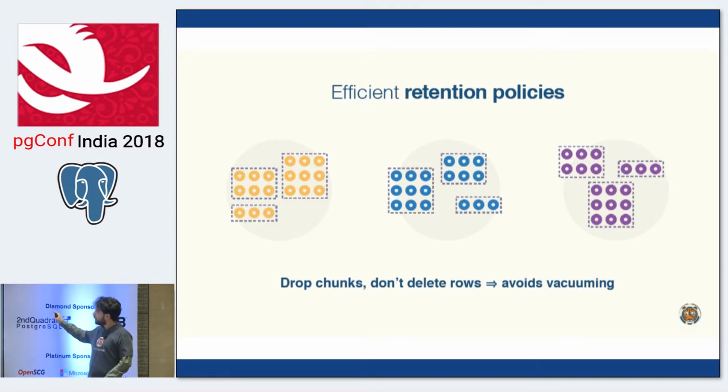Instead, if you partition your data by time, you can just drop entire chunks as they become too old for your retention policies. And actually, a chunk drop, just like a table drop in Postgres, corresponds to a delete of a file on the file system, which is a very efficient operation.